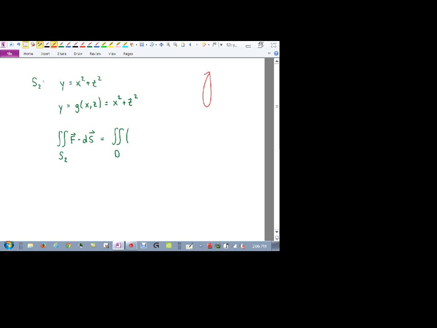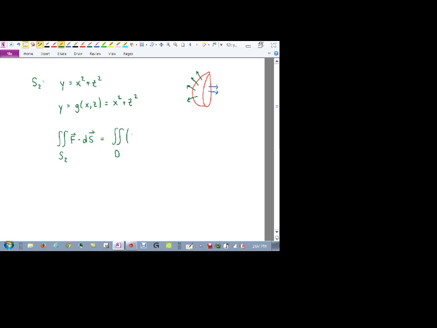Look at our surface. It goes like that, right? The normals on that S1 were this way, pointing away from the solid it encloses. The normals on that paraboloid need to point away also, which means that the y component of those green vectors must be negative, which means that in our formula, the y component cannot be positive. It's got to be negative, so you have to change everything.